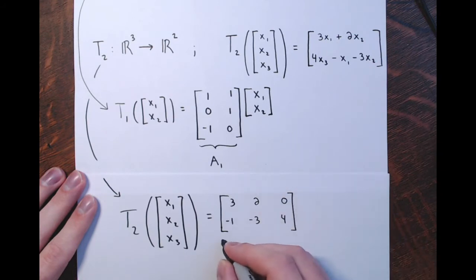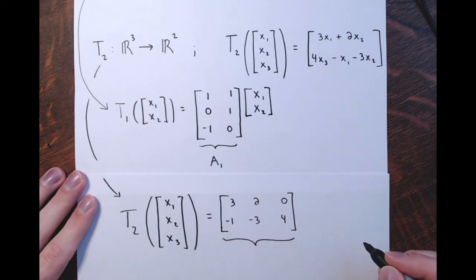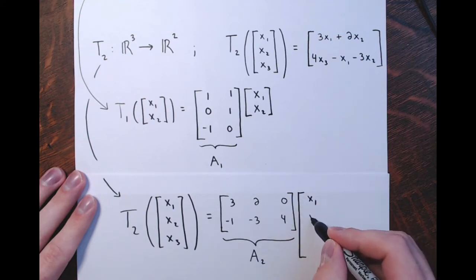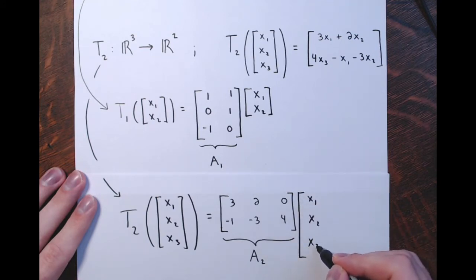Okay, so this matrix, the standard matrix for transformation 2, I'll call A2. And if I want to plug in some input, get an output, I take this input and multiply it by this matrix. So I take this matrix and multiply it by the x1, x2, x3 input. And you can double check.